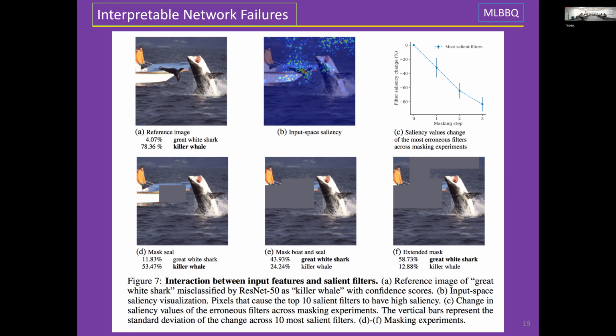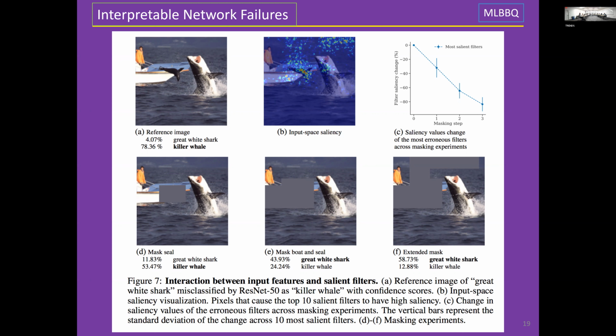Okay, so as we can see, the correct class for this image was great white shark, but this sample was wrongly classified as killer whale. They identified the 10 most salient filters, that means malfunctioning filters.